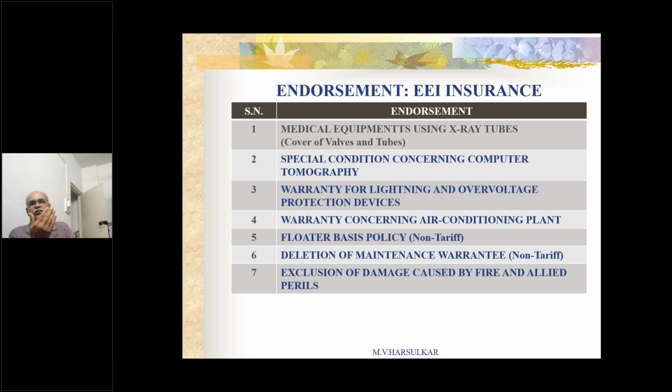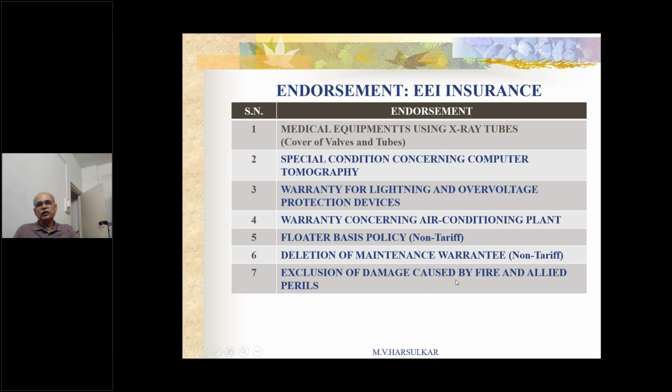If the maintenance warranty is waived, then the policy also should say that this maintenance warranty is not applicable for this particular equipment. Not all equipment, few equipments, if it is waived, then that should be mentioned. Otherwise, we have to qualify that for this machine there is no maintenance contract. So this is the wording again, non-tariff, but this is as per the provision in the tariff.